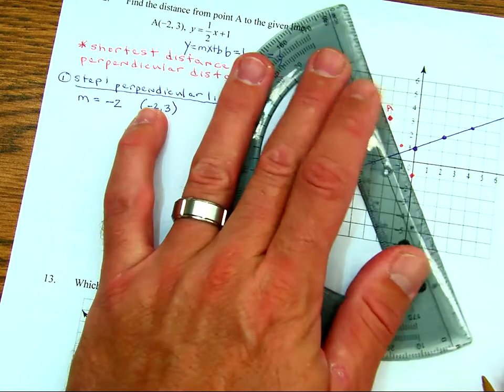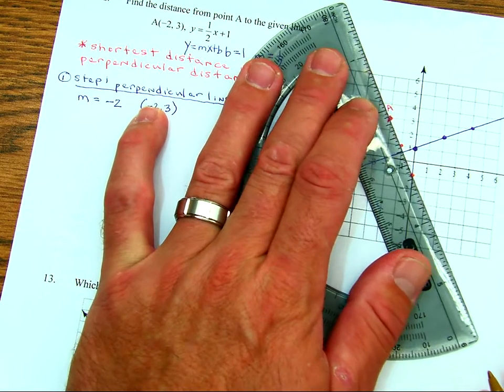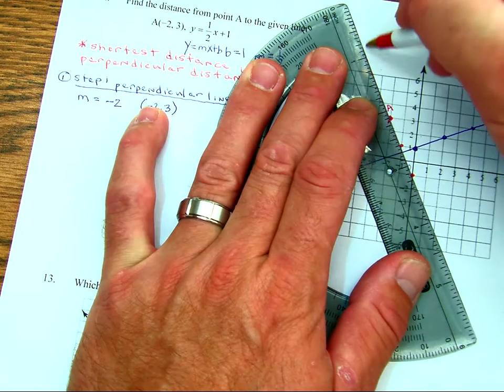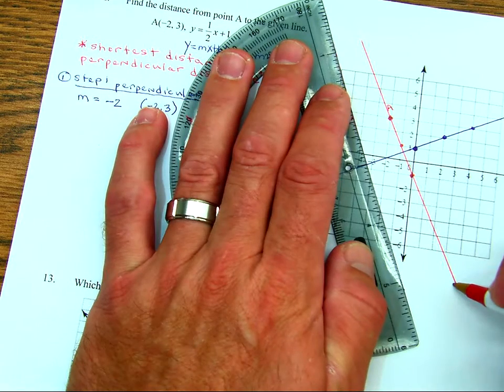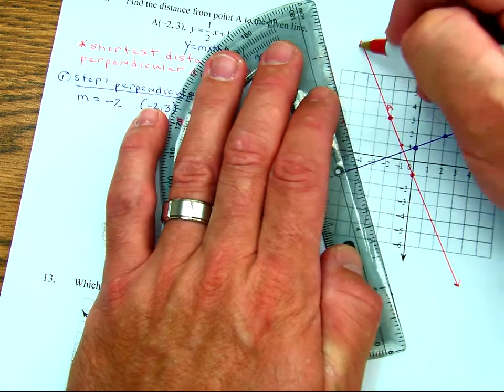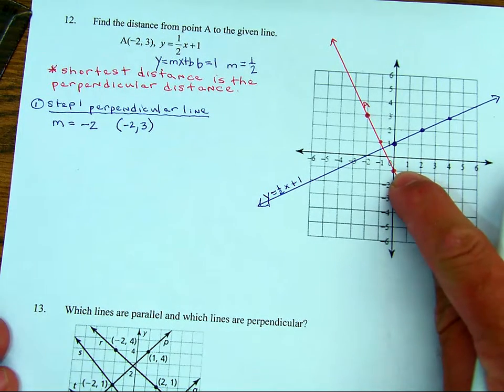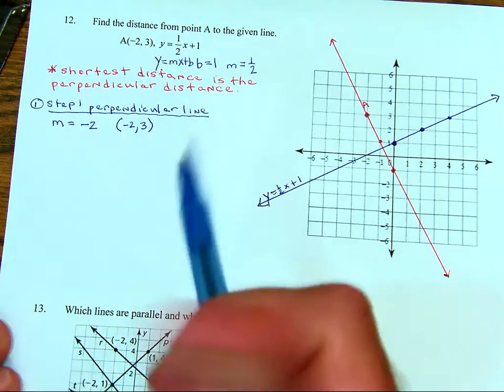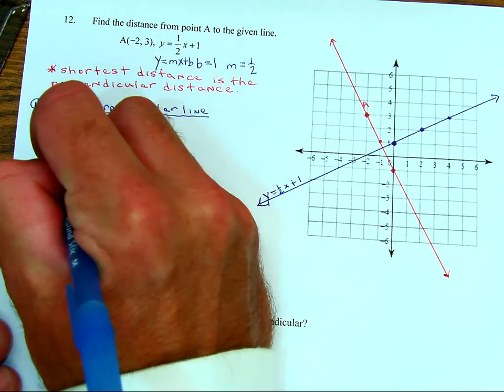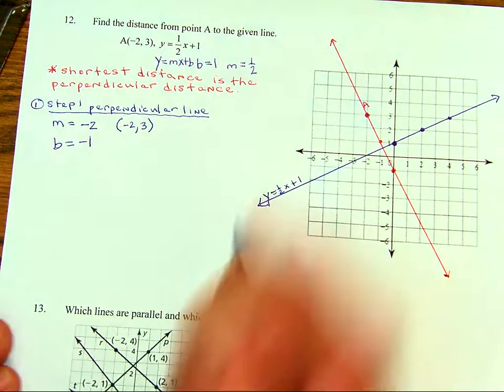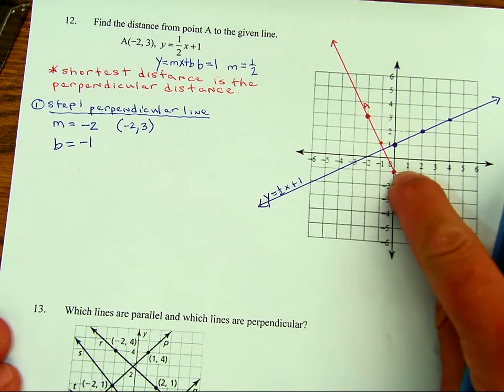But I actually do have the y-intercept here. It looks like the y-intercept is negative 1. So just by graphing I was able to find that the y-intercept is negative 1.